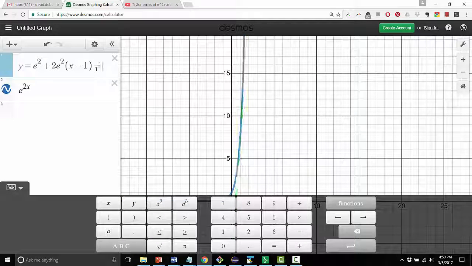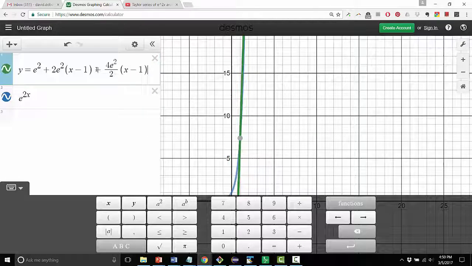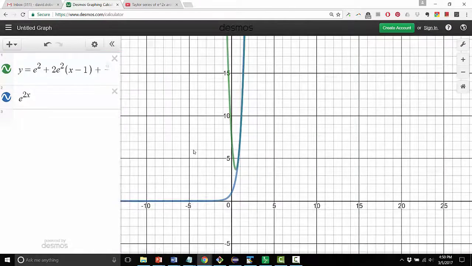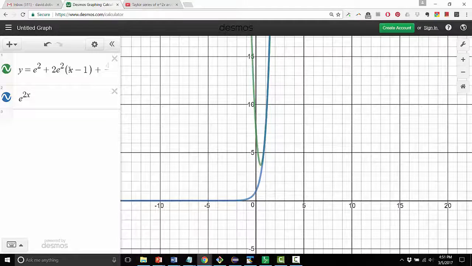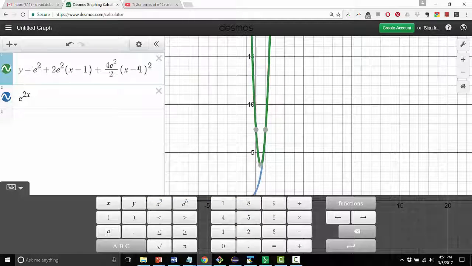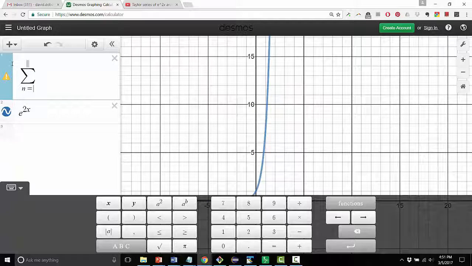Let's add another term, 4e squared divided by 2, x minus 1 squared. So now I've got a quadratic representation. Instead of typing each term in by hand, let's use the summation because that's a little bit faster.